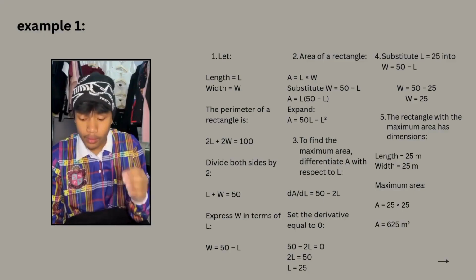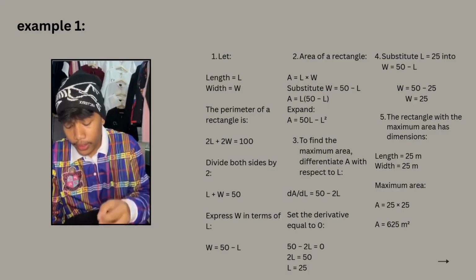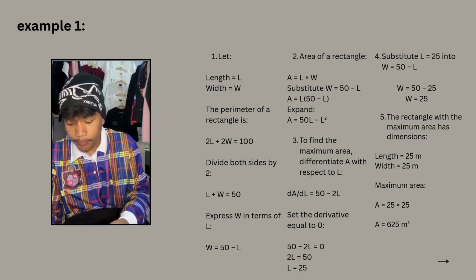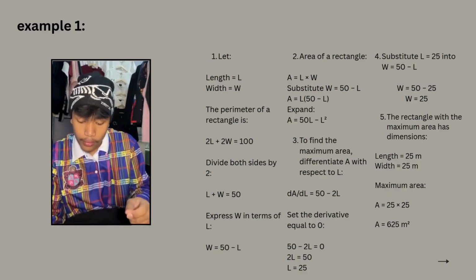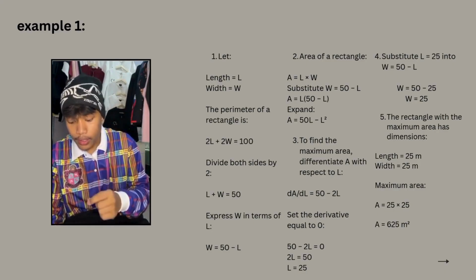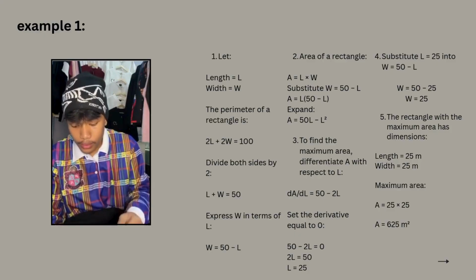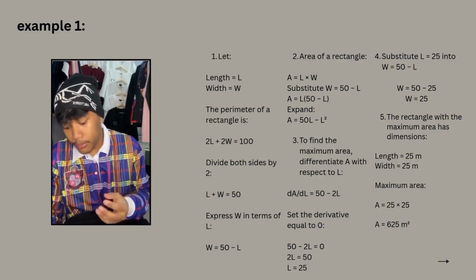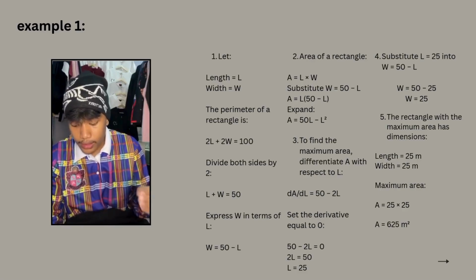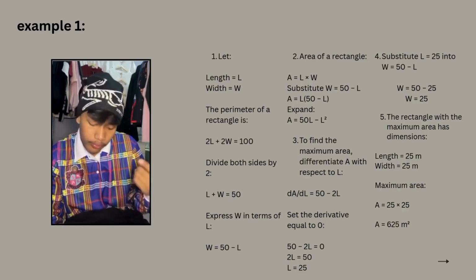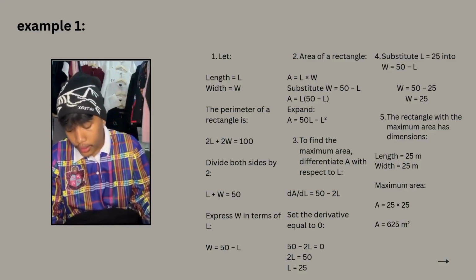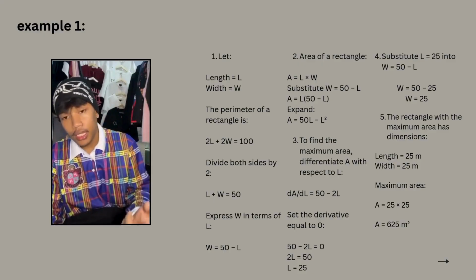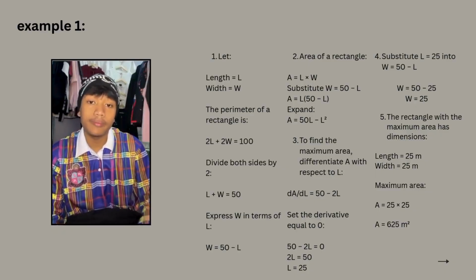W equals 25. Finally, we calculate the maximum area. A equals 25 times 25. A equals 625 square meters. So the conclusion is the maximum area occurs when the garden is a square with dimensions 25 meters by 25 meters and the maximum area is 625 square meters.